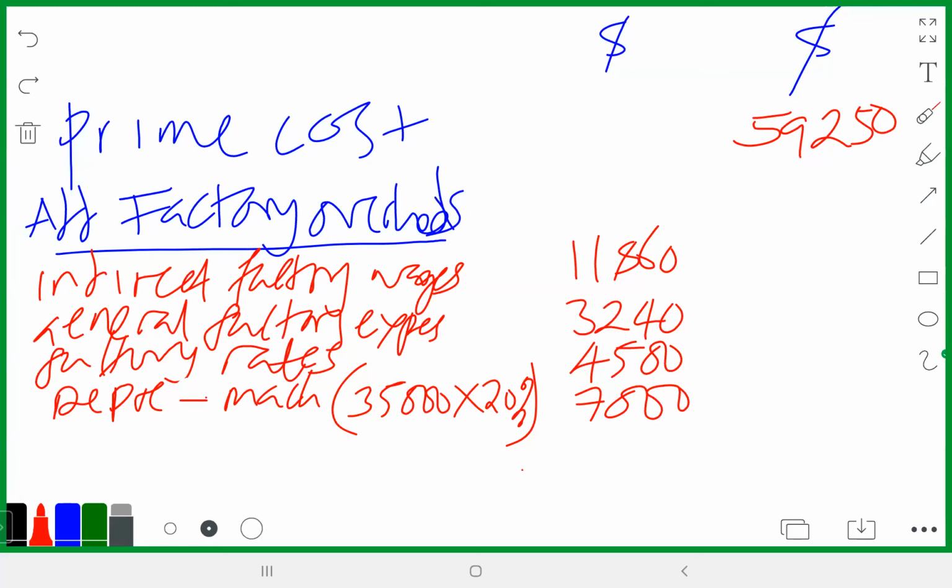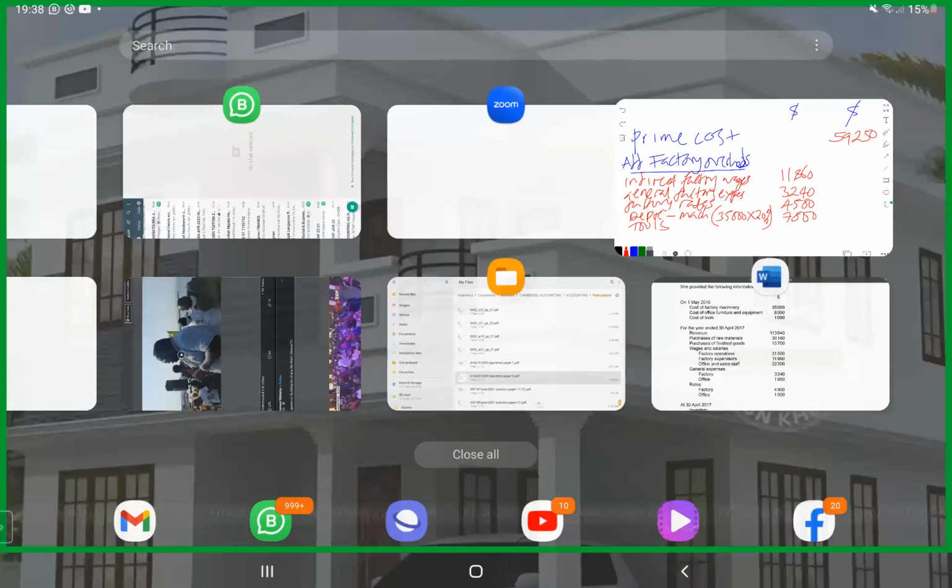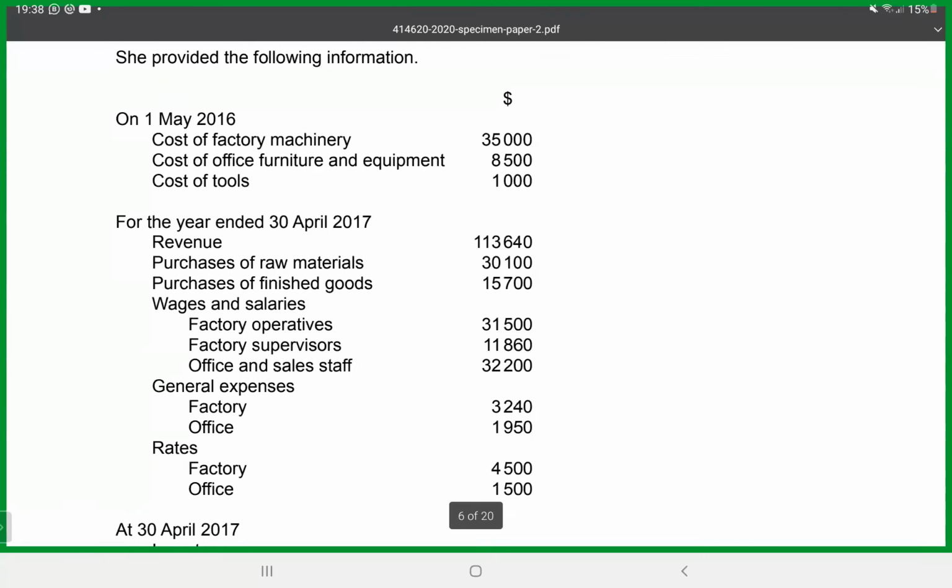Then to this, we can add the tools. What is the cost of the tools? The cost of the tools is 1,000, isn't it?